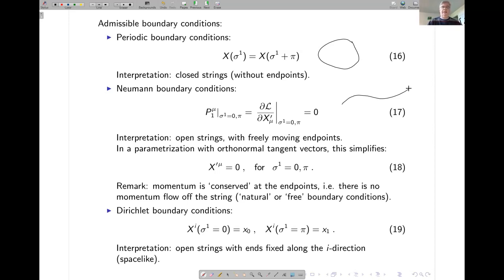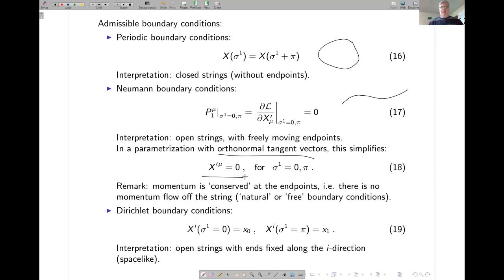If again we go to an orthonormal parameterization, this means that x prime mu is equal to 0 at the ends, and x prime is a component of the momentum flow along the string. So this boundary condition tells us that no momentum is allowed to flow off at the ends of the string. So that is the natural condition if we describe a string which freely moves around in space.